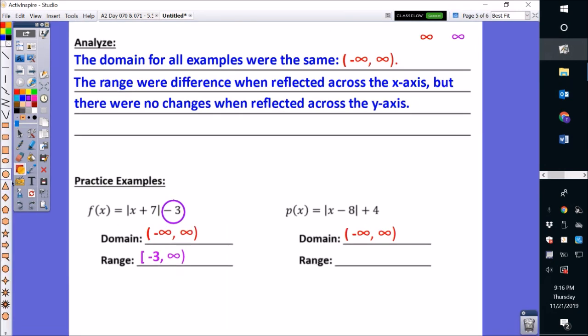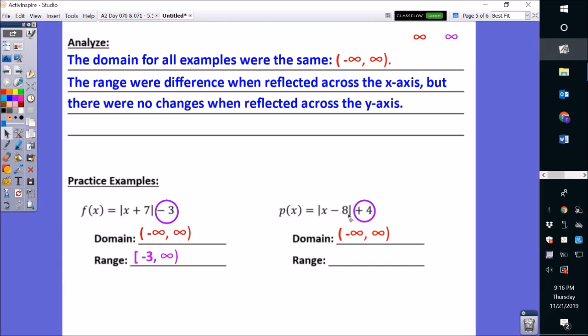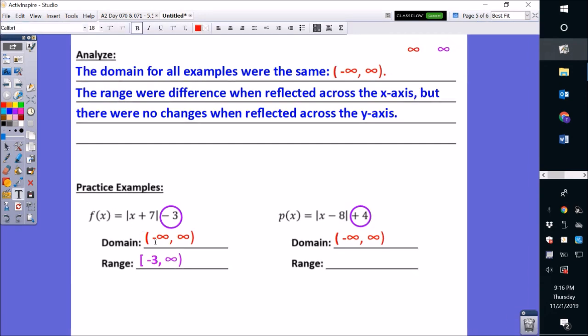And for the range, like I said before, the number that's at the very end right here, the plus 4, is going to help us to identify the range. So let's take a closer look at the equation. It's the absolute value of x minus 8 and then plus 4. There are no negative signs outside or inside, so there is no reflection. So that means that the range is going to be similar to the first example.